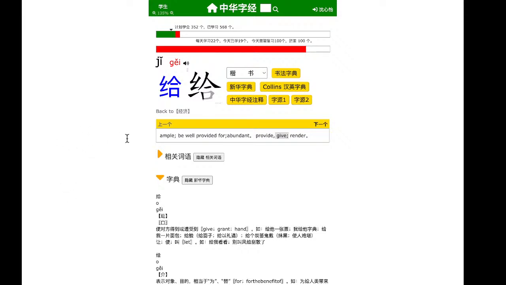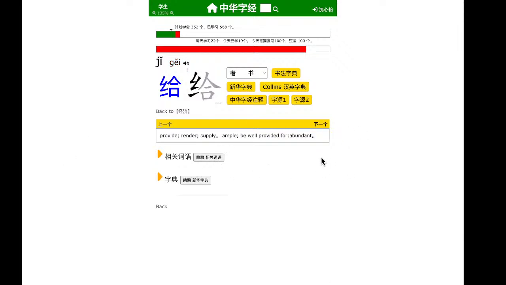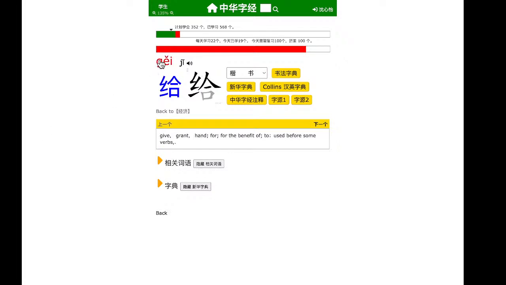Yeah, well, this here is ample, well provided for, and abundant. Or supply. This is like the original meaning. Is that still used? Well, ample, be well provided for. Yeah, abundant. But it's probably not as common as this meaning. Provide, render, supply. Right. And then 给 is just the standard general form of give.